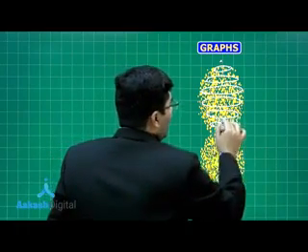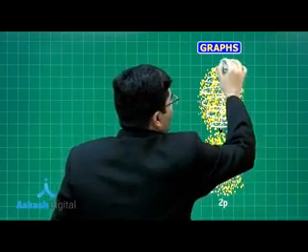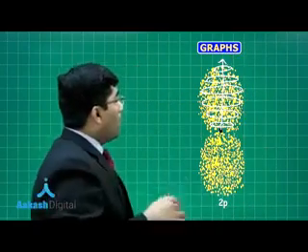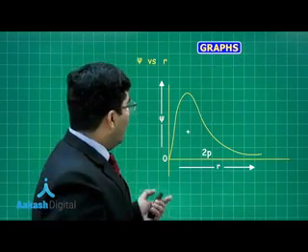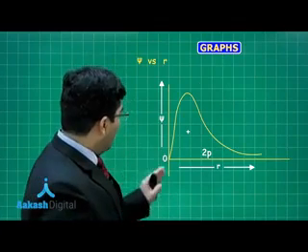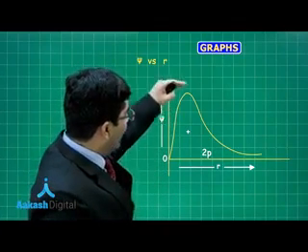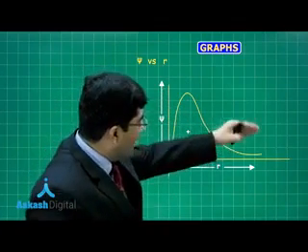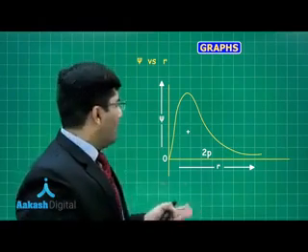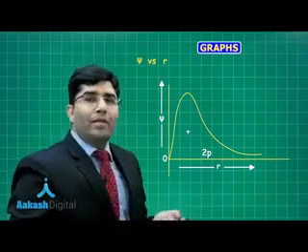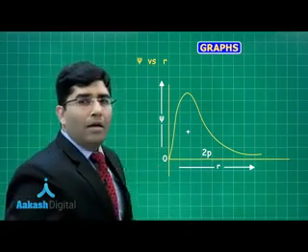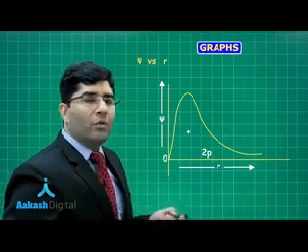As we go away from the nucleus, the probability will increase, then decrease. So definitely we will get a dome type of shape. Xi will increase, then Xi will decrease. It's a simple graph for 2p. So these were the graphs between Xi and r. Let's discuss the graph between Xi square and r.